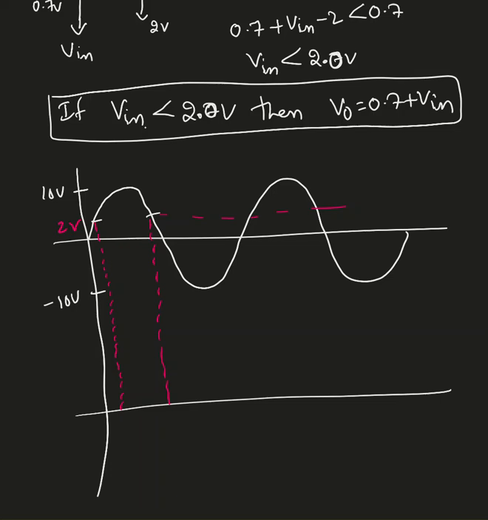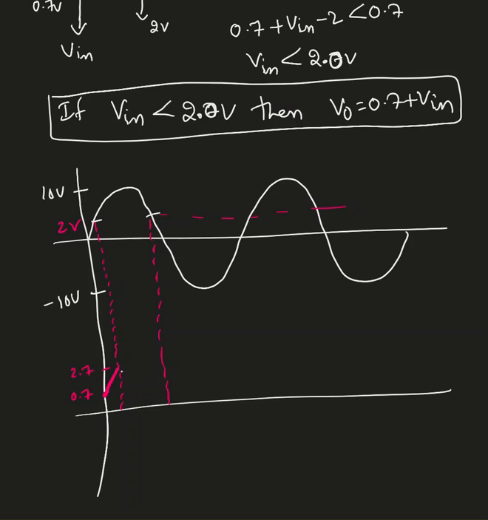So if input voltage is 0, what is my output? 0.7. So basically my output value is going to start at 0.7. It follows the input voltage up to what value? Maximum I can go up to 2 volts, so 0.7 plus 2, 2.7 volts. So here the starting point is 0.7, ending point is 2.7.